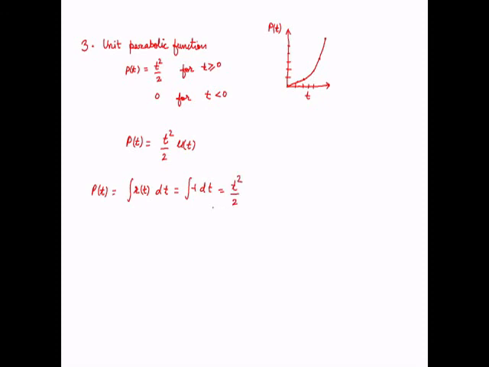So we can say p(t) can be obtained by integrating the ramp signal, and we can also obtain the ramp signal by taking the time derivative of p. So this is all about the parabolic function representation.